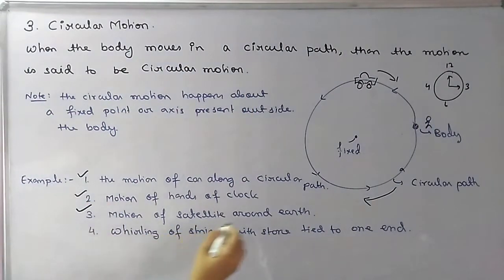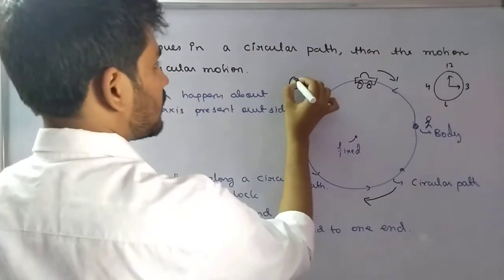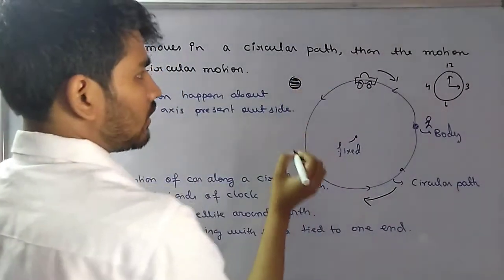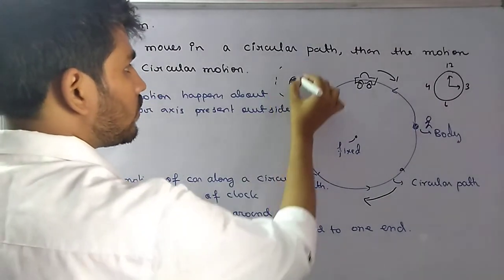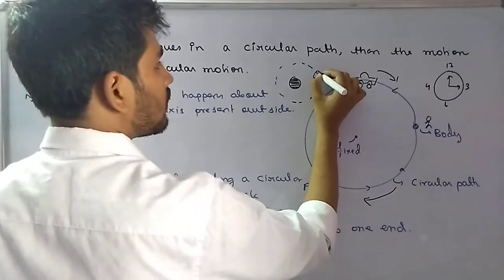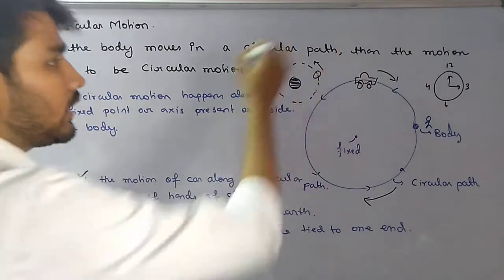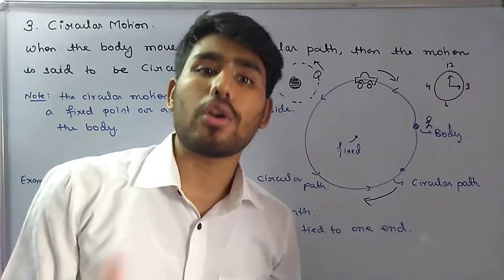Next, the motion of a satellite around the earth. If this is our earth, then the satellite moves around the earth in a circular orbit.